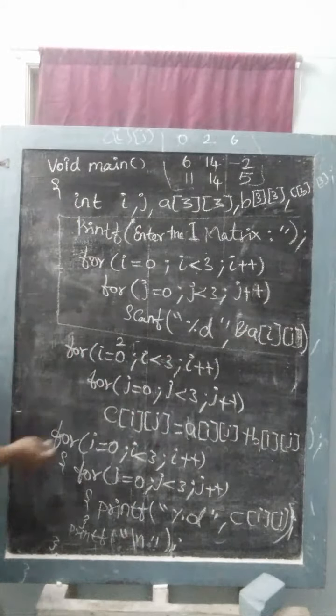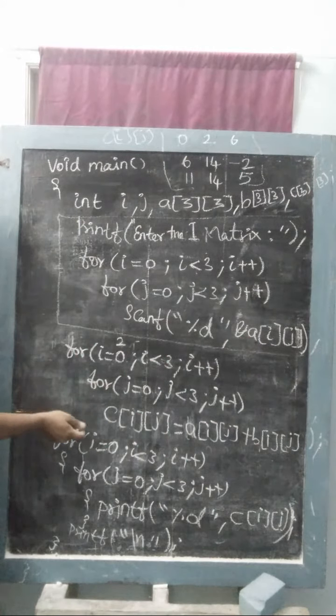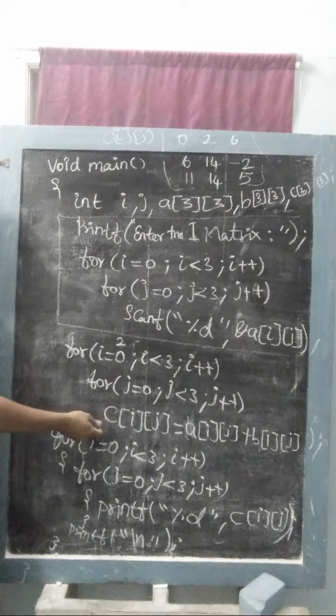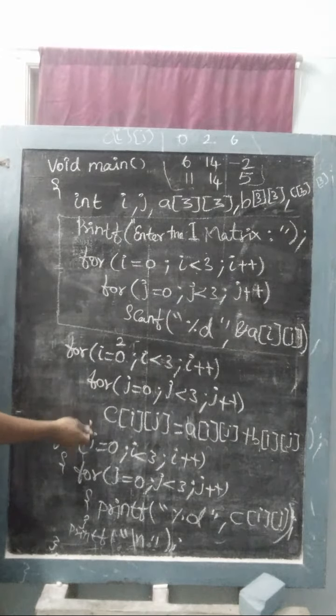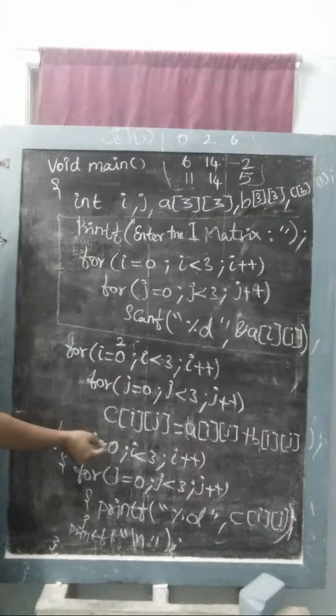Okay, so in between that you have to write the given first matrix, and then the second matrix, and then you have to write the resultant matrix.